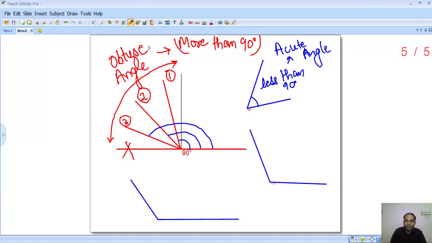Draw a 90 degree angle. Now this angle is 90 degrees, but the real angle is going farther than 90 degrees. It is greater than 90 degrees. Now look here.